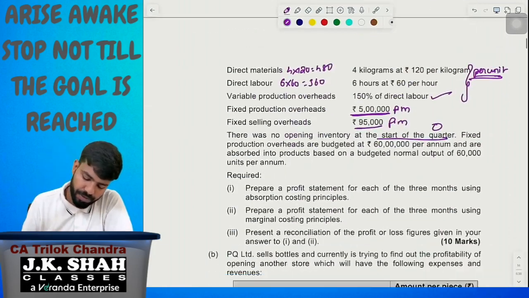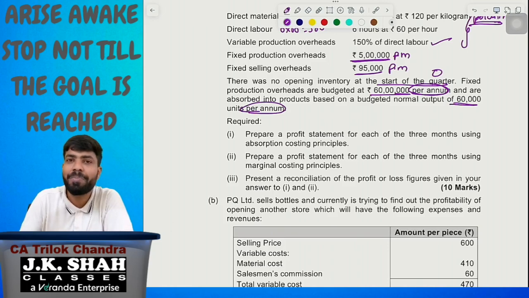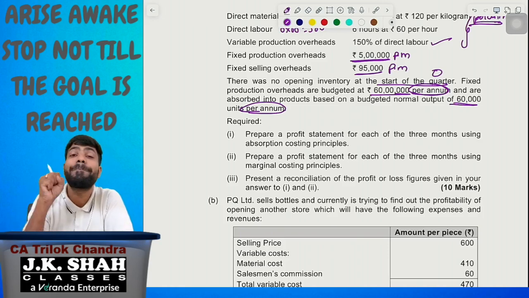Okay, now fixed production overheads are budgeted at 60 lakh rupees per annum, and absorbed into products based on budgeted normal output of 60,000 units per annum. These two pieces of information are given per annum. Please understand, in absorption costing system, fixed manufacturing overheads will be absorbed using the budgeted rate.